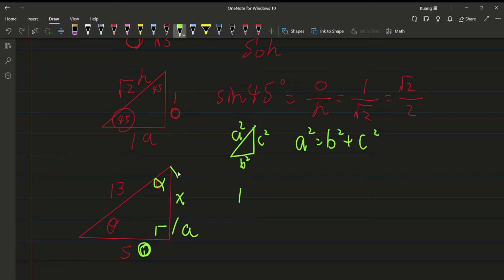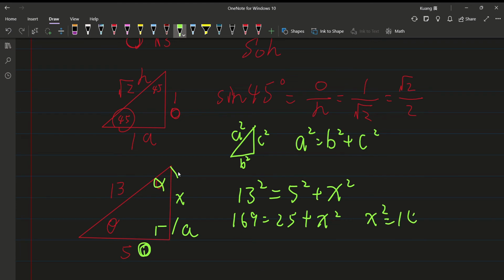The longest side squared equals the sum of the other two sides squared, so 169 equals 25 plus x squared. X squared equals 144. X could be positive or negative 12, but the length of a triangle side cannot be negative, so x is positive 12. So we know the adjacent side is 12.